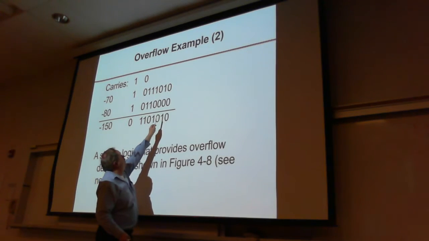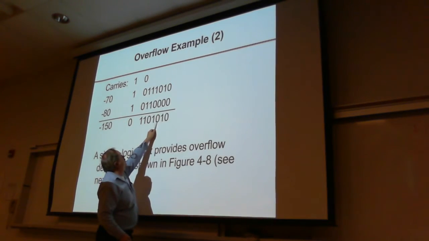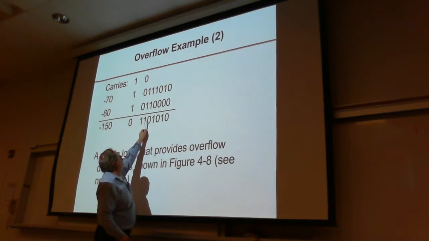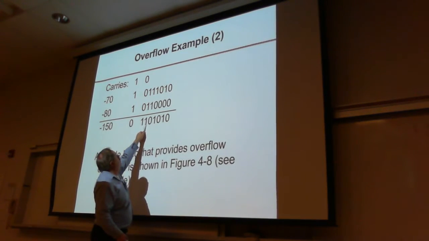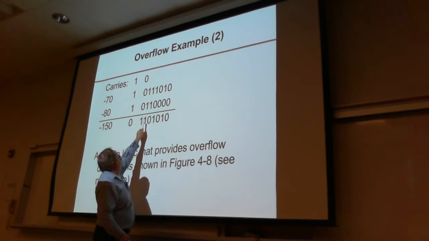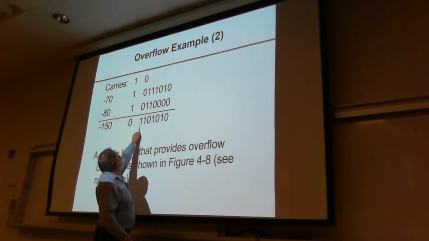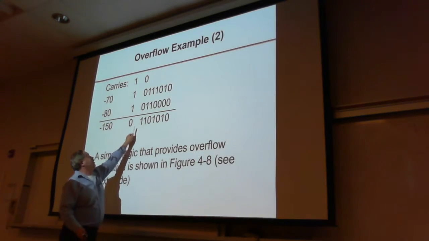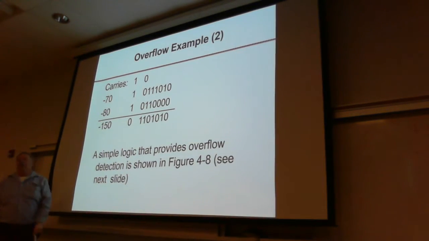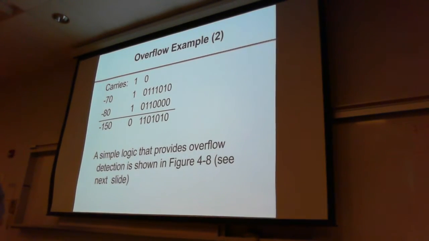So 0, 0, 0, 1, 0, 1, 0, 0, 0, 1, 0, 1, 1, 1, 0, 1, 1, 1. 1 minus 1, that means I have to borrow from here. So I borrow that over here, I set that to 1, that thing goes to 0, making it negative 150 because we carried.